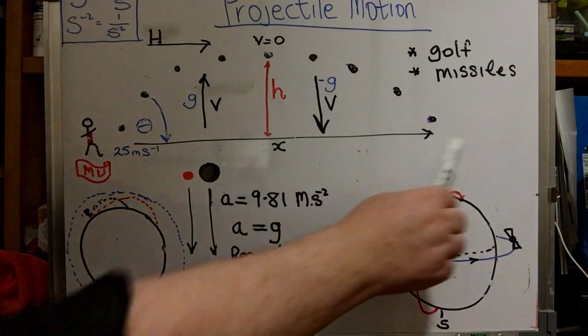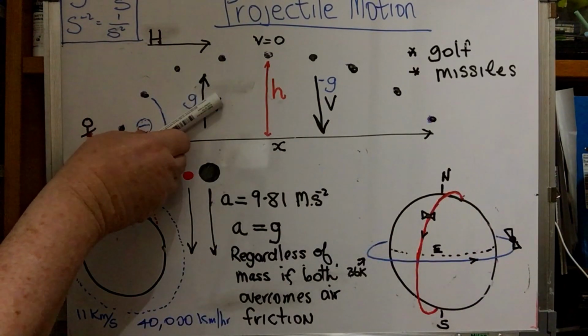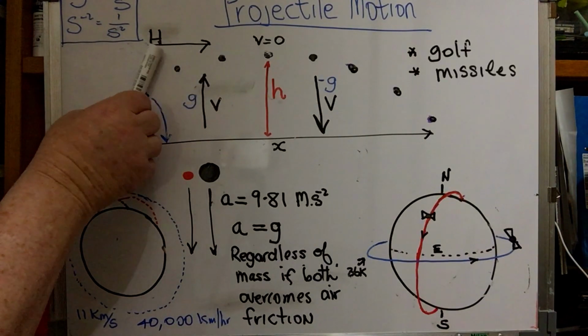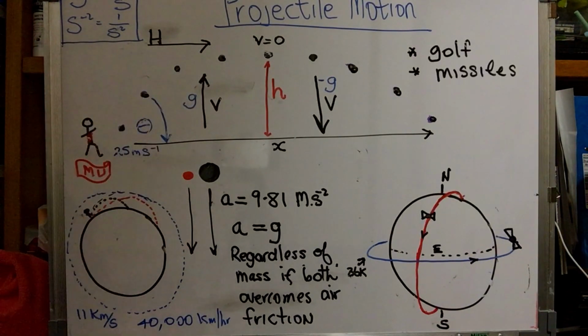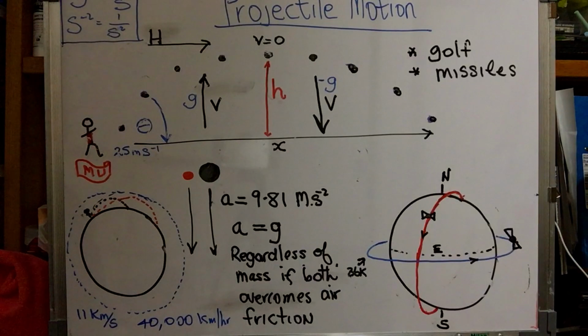Okay, so they know where that target is from the range, and then they're going to have to adjust this angle here to be able to tell what angle to fire it at so that it will hit that target. Now all that depends on gravity.